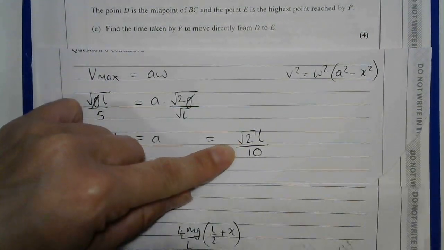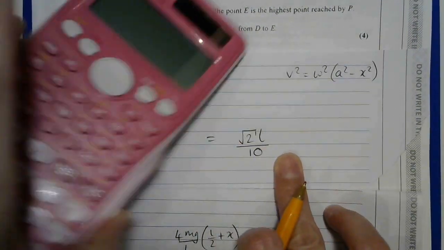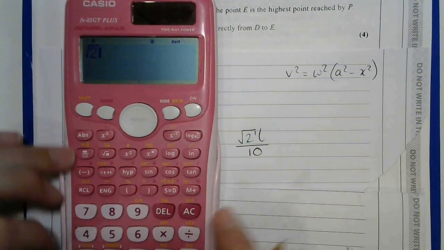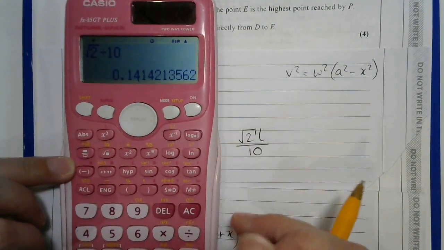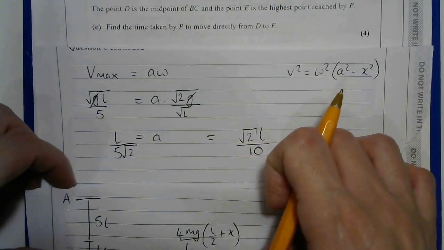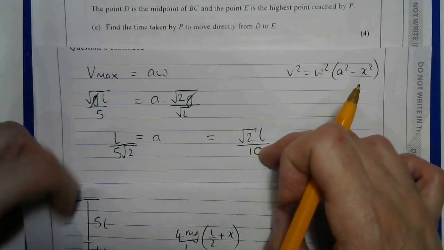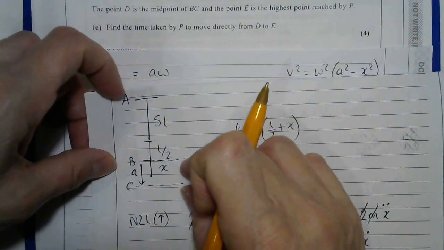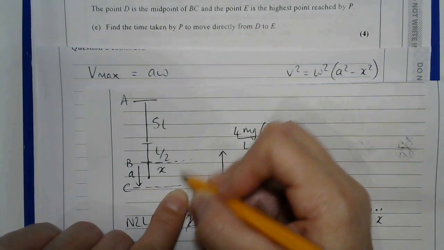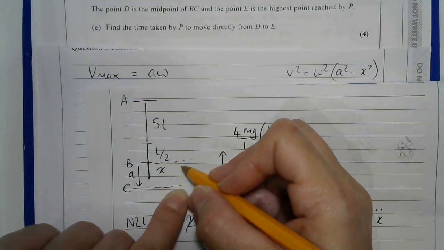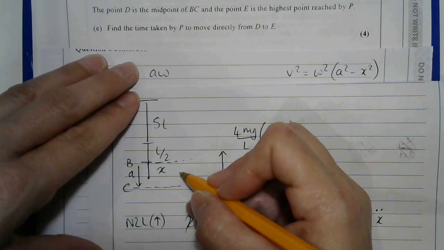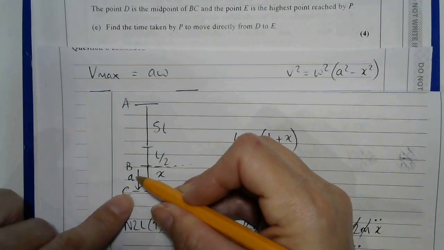Now, the amplitude was this, and if I just stick this in my calculator a moment to get an idea of how many L this actually is, if we do root 2 divided by 10, this is 0.14 L. So that gives me an idea of how big this is. So if we're talking about half of that, then X will be half of A.